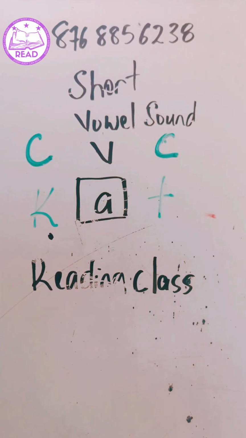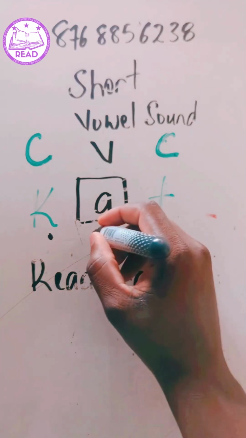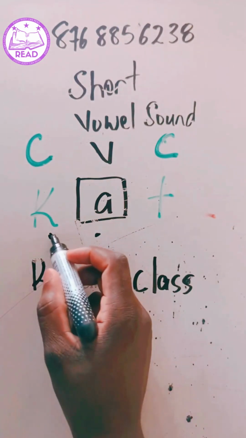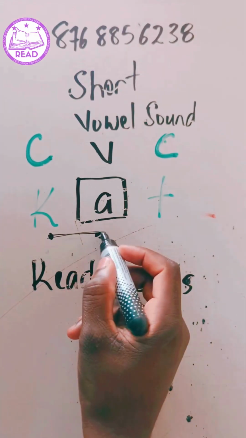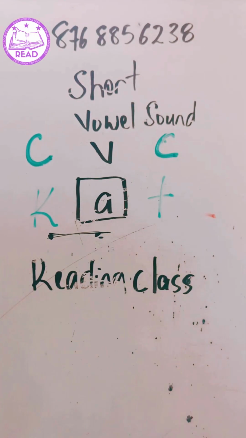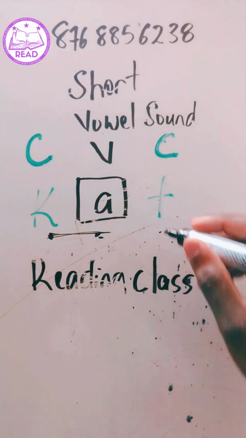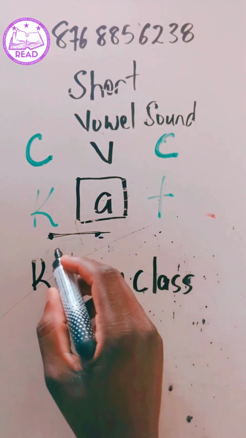So the letter K sounds K. Now you have A. When you put K and A together, you get Ka. Ka. When you add the letter T to it, we get cat.